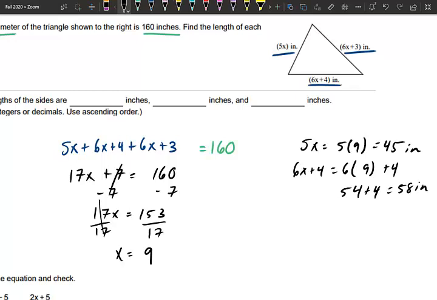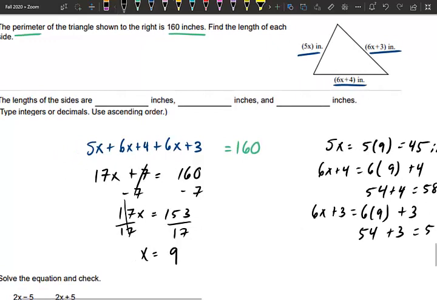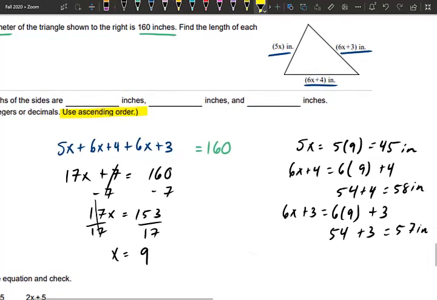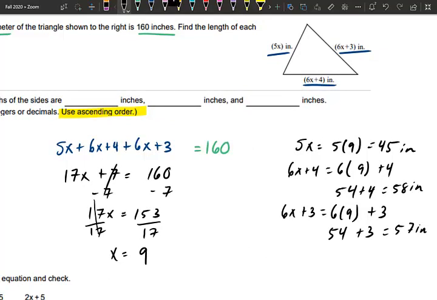And then our last one, we have 6x plus 3, so 6 times 9 plus 3. 6 times 9 is 54, and 54 plus 3, we get 57 inches. So it says to use ascending order. That means smallest to biggest. So our smallest is 45 inches. Our middle is 57 inches, and our biggest is 58 inches.